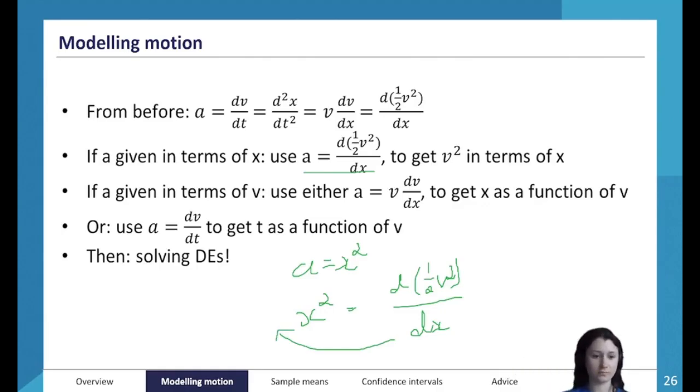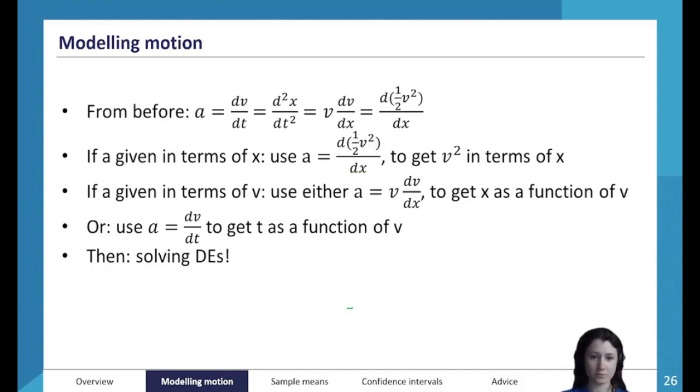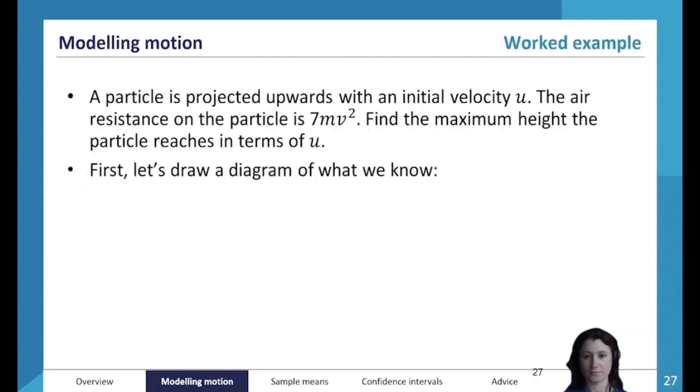Alright? Then if you're given a in terms of v, you can use a equals v dv dx, and then do a similar thing with differential equations to get x as a function of v. Alright? And then solve using differential equations.